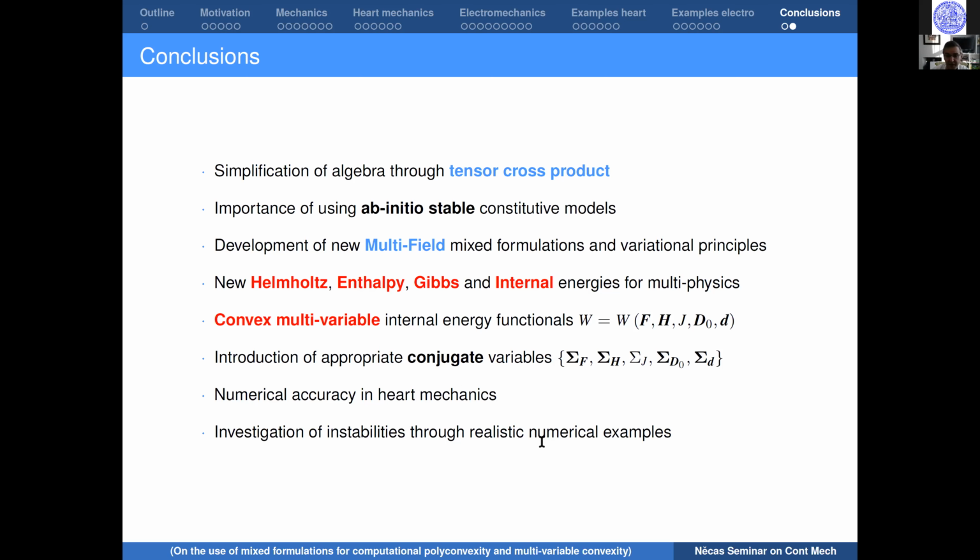And in the case of electromechanics, again, if you want to study the onset and development of instabilities, how important it is to use models that are well posed as well, which was one of the things that we've tried to pursue with this research. And that's all. So I stop here, and I'm open for questions, or I can share some animations if you wish.